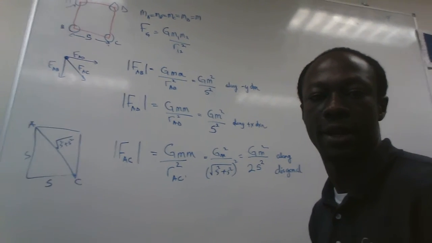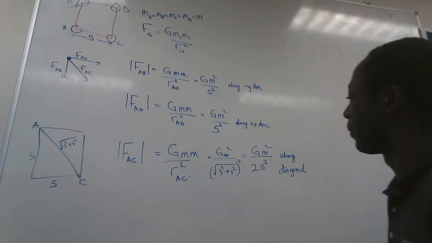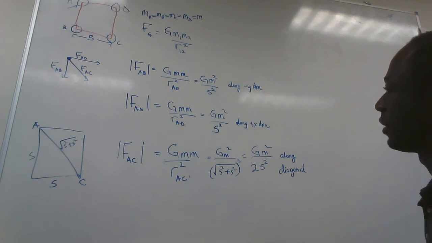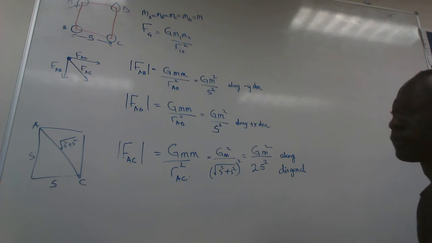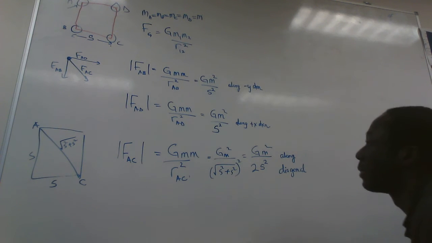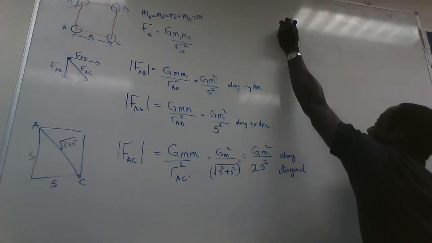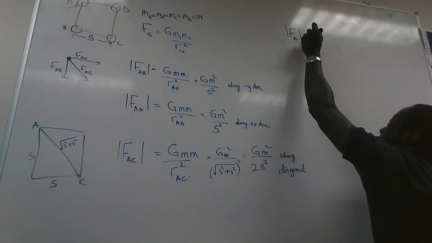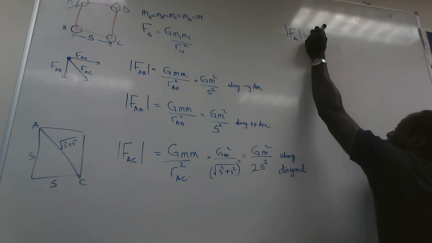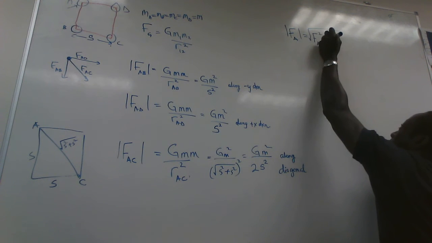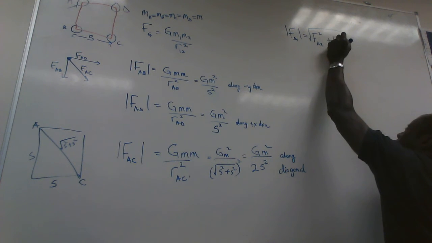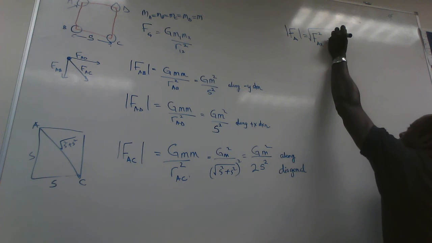Right. So now to find the resultant force acting on A, the magnitude of the force acting on A is equal to the square root of the x component squared plus the y component squared.